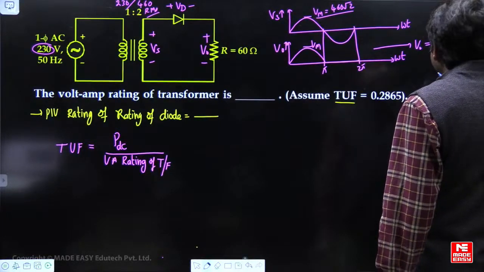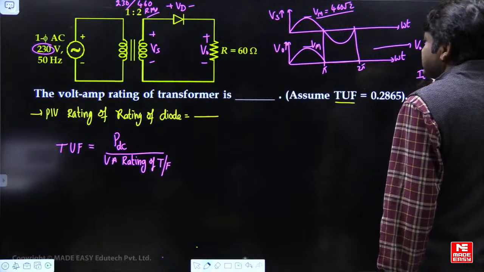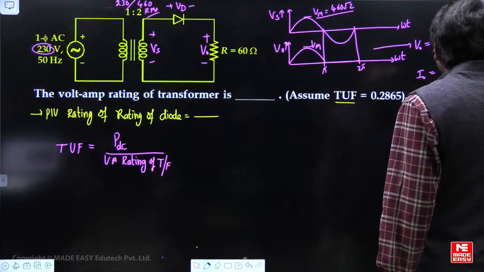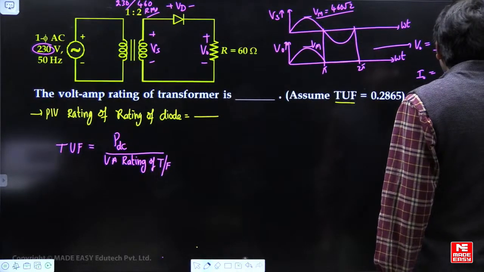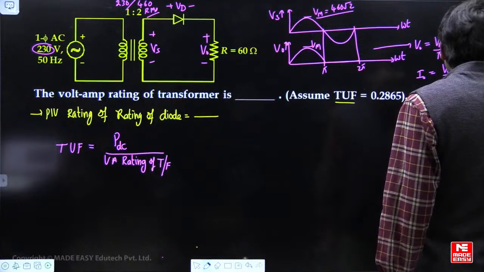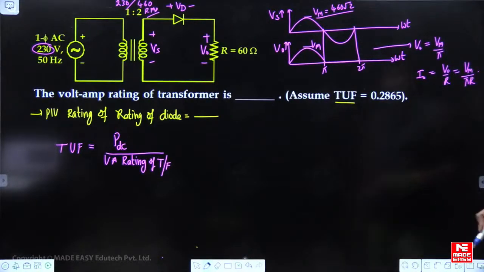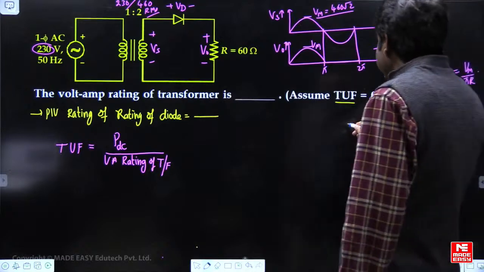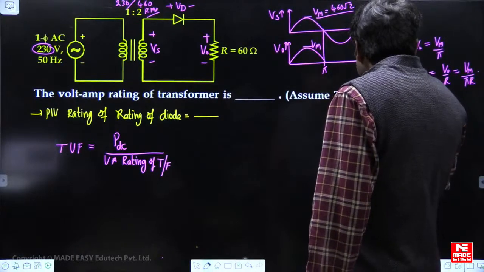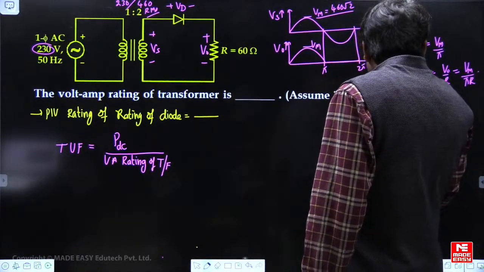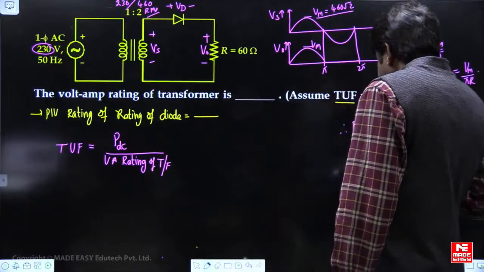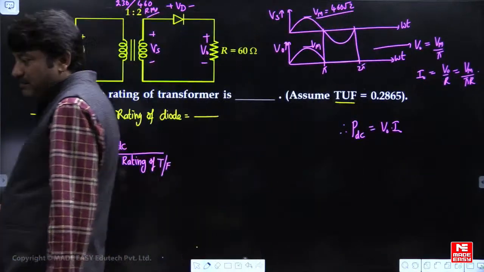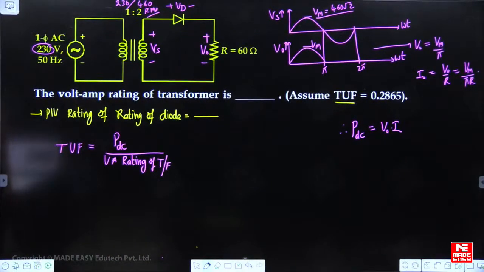Average current is average voltage by load resistance, that is Vm by pi R. The power due to the DC component is given by V0 into I0.